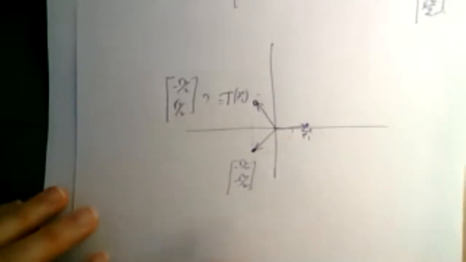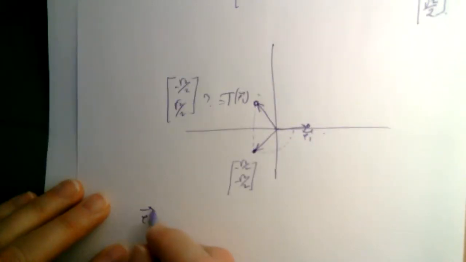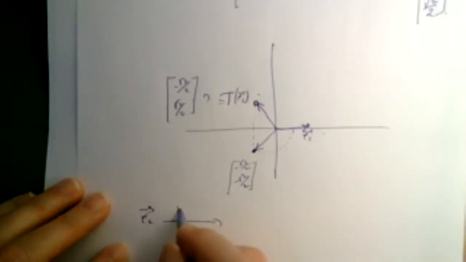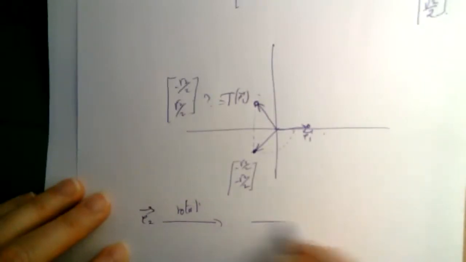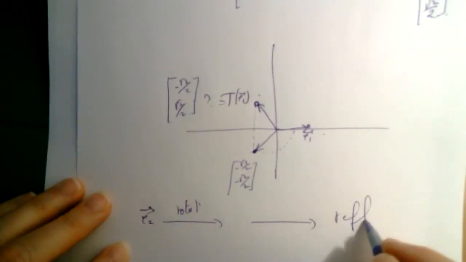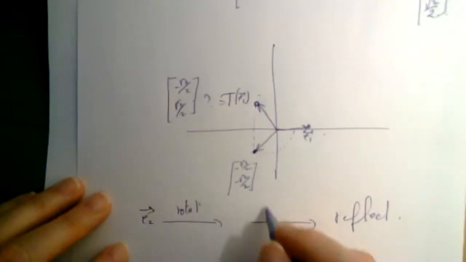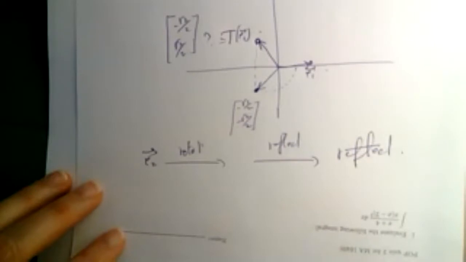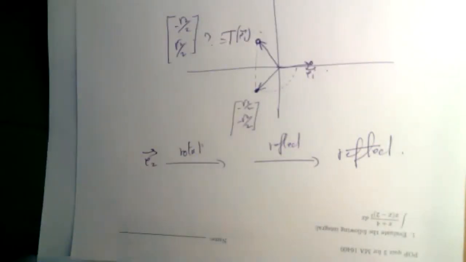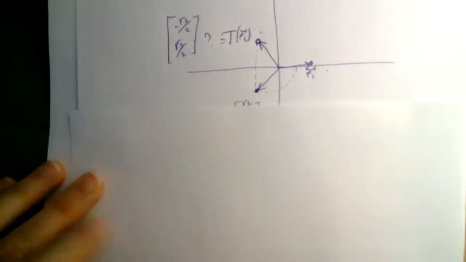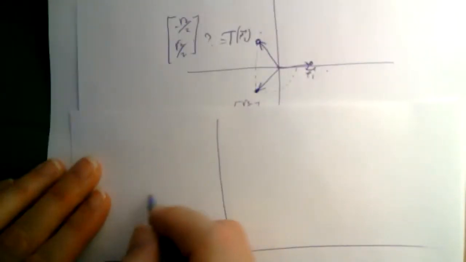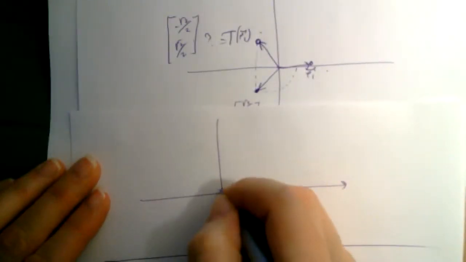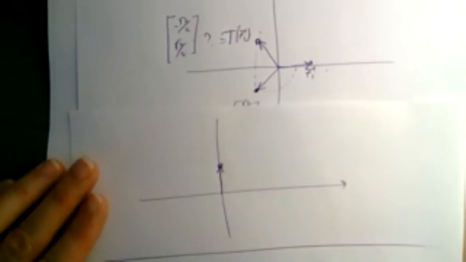I do the same to e2. I rotate, and then I reflect, and we follow what happens. So the picture for e2 is going to be like this. It's going to be exactly the same, I will not do all the details. So this is my e2, right here.